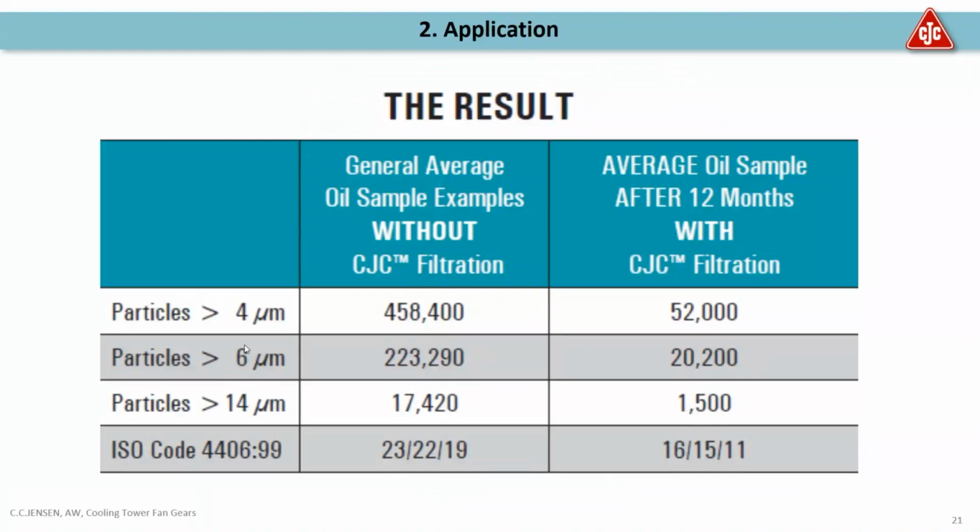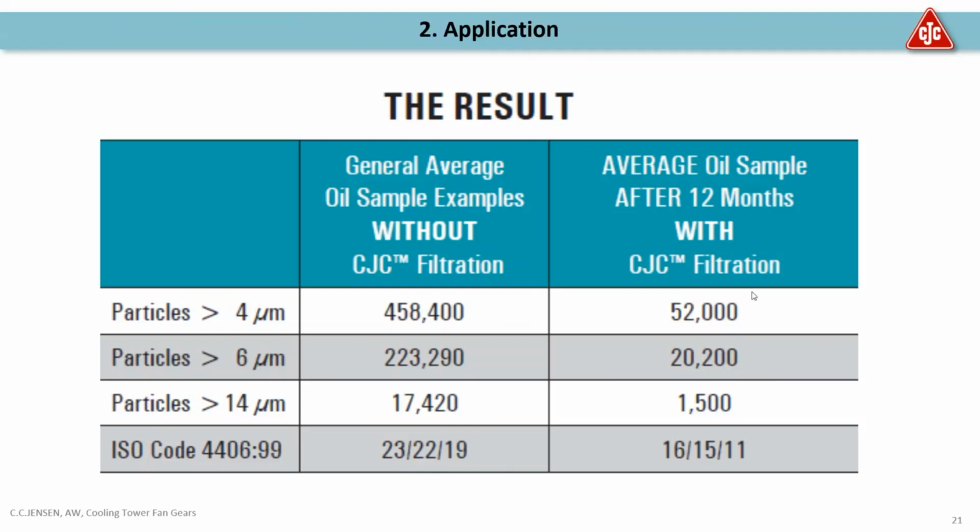So looking at an average of all the filtration systems that we have provided for cooling tower gearboxes, the average cleanliness code, or dirty code, I should say, without filtration is in the low to mid 20s, so 23/22/19, close to the one that I showed in the life extension example in that table.